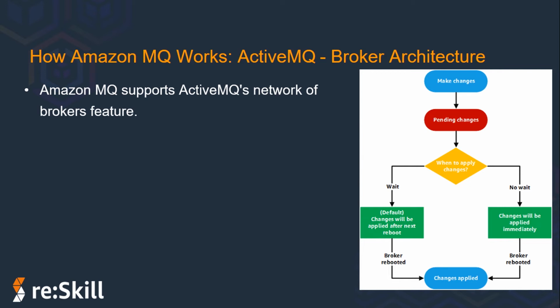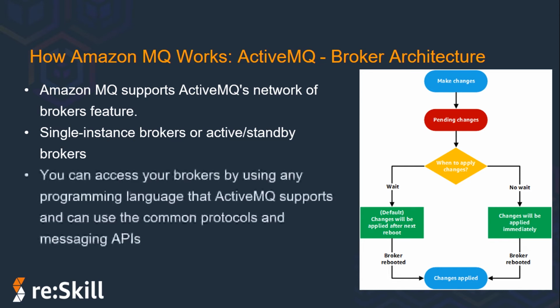Amazon MQ for ActiveMQ brokers can be created as single instance brokers or active standby brokers, and you can access your brokers by using any programming language that ActiveMQ supports, and can use common protocols and messaging APIs. And you can configure a network of brokers in a variety of topologies, for example concentrator, hub and spokes, tree or mesh, depending on your application's needs, such as high availability and scalability.